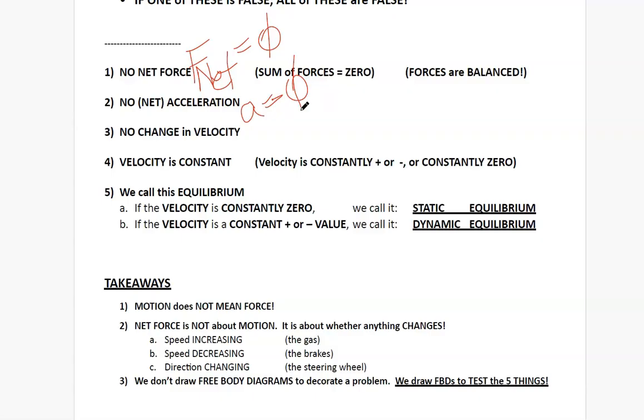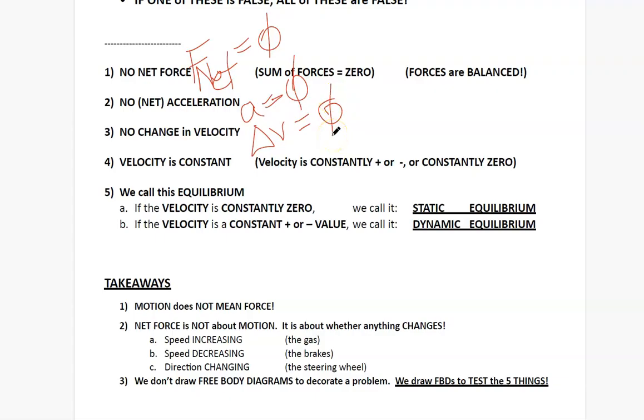If it has no acceleration, there can't possibly be any change in velocity. If it was a zero velocity, it'll remain a zero velocity. If it was some positive velocity, it'll keep at that same positive velocity. If it was originally a negative velocity, it'll remain at that same negative velocity. So there is no change in velocity. We symbolize change in velocity as delta V, and that's also zero.